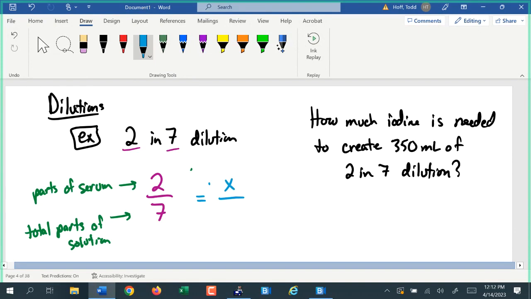That's what we're looking for, so that's going to be our missing number, the X. The 350 milliliters of this dilution, that is the amount of total solution. So the 350 milliliters goes on bottom. That's what the 7 represents, the total solution.